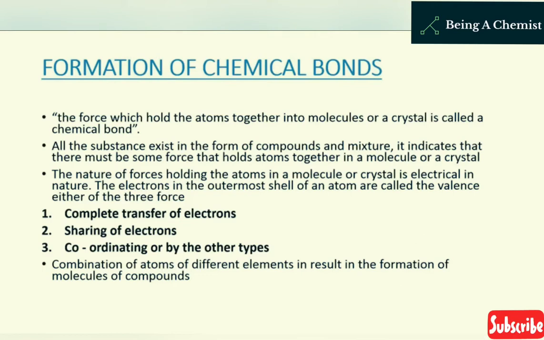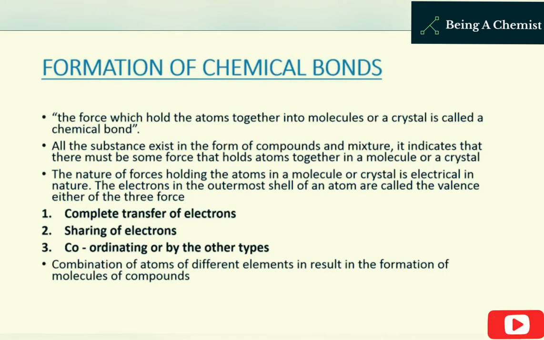There is no limitation on how these electrons will come and reside in the last orbit: by complete transfer of electrons, sharing of electrons, coordinating, or by other types. Electrons can come in the outermost shell by any kind of force, including these three.